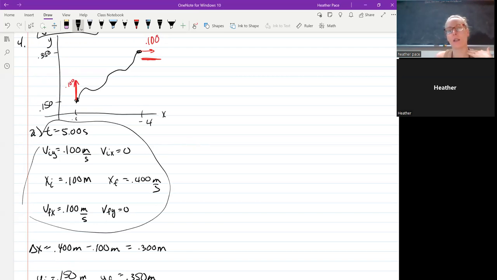We are given on the graph v initial in the y direction. We are given v initial in the x direction. We are given both x and y coordinates of both the initial and the final. And we have, again, in the x direction and the y direction, the velocity.